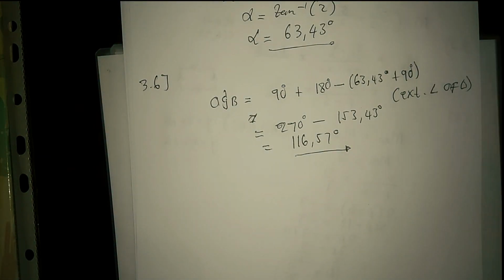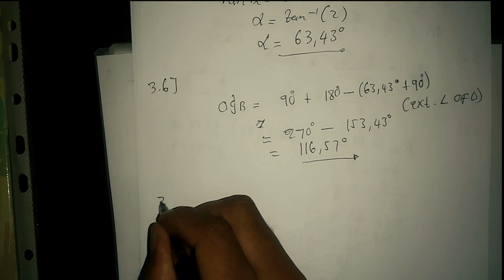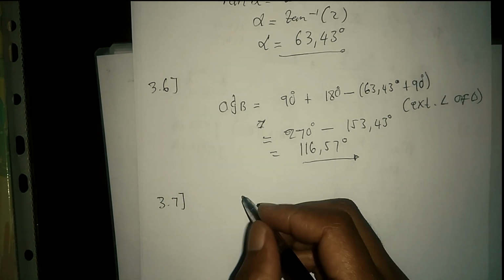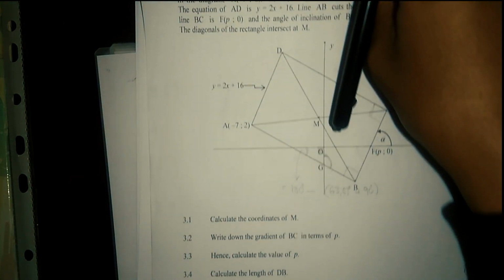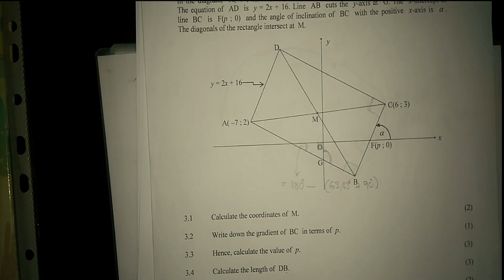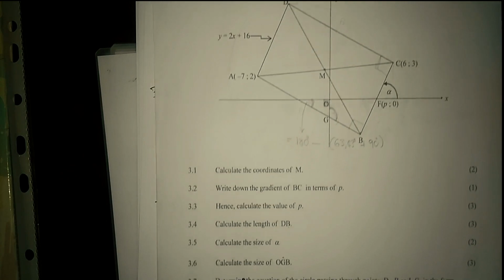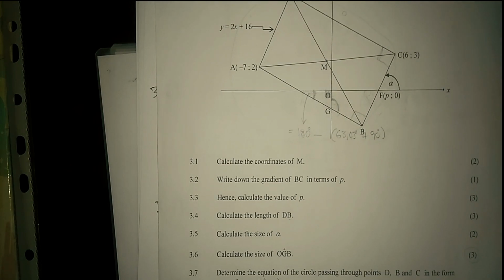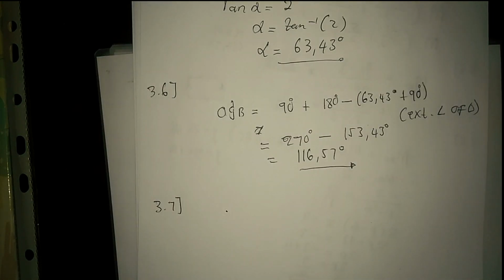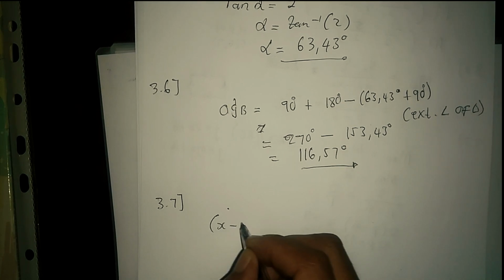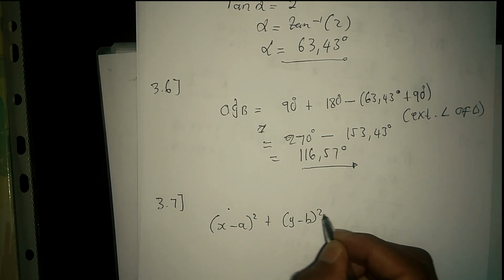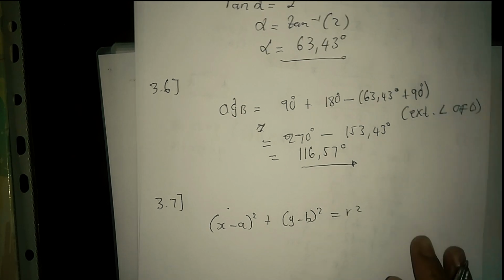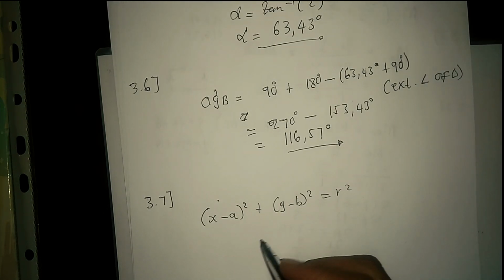So 3.7, let's just spell out the equation of the circle in this form. So it's (x minus a) squared plus (y minus b) squared equals r squared.